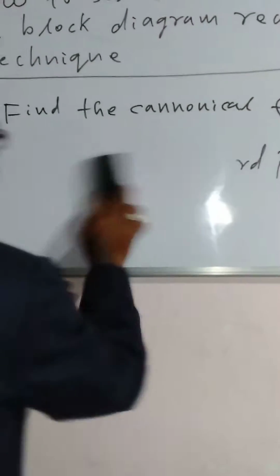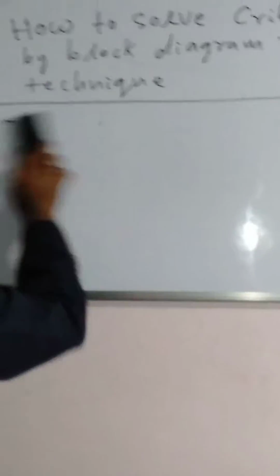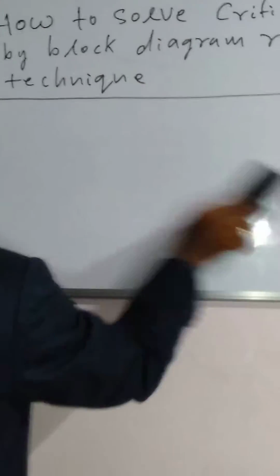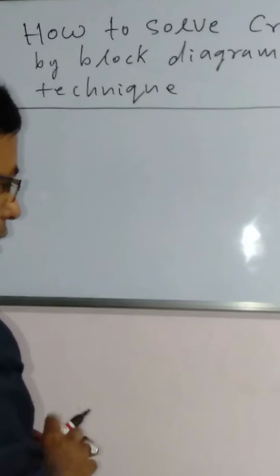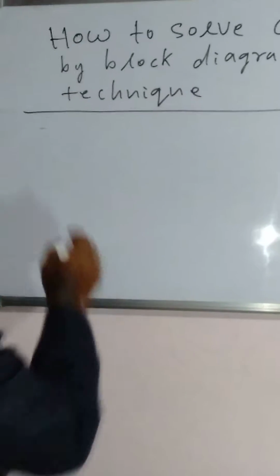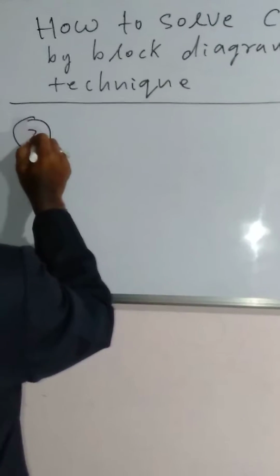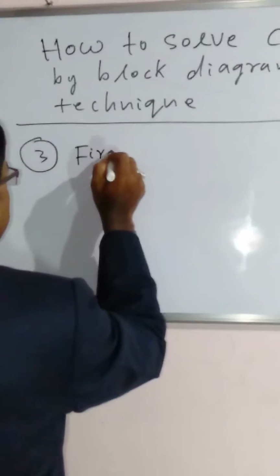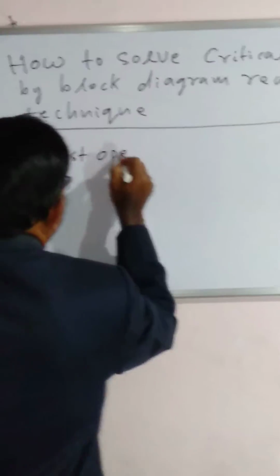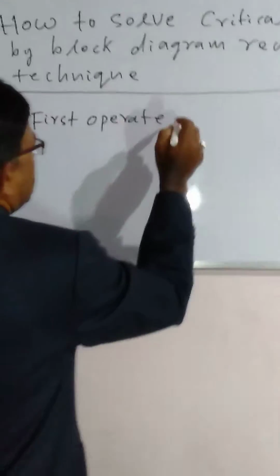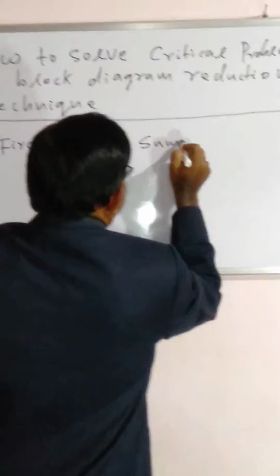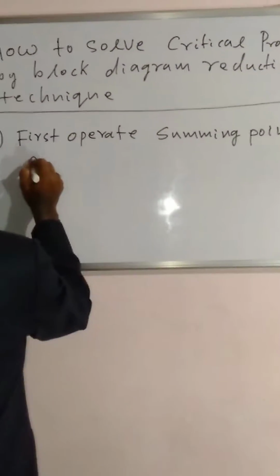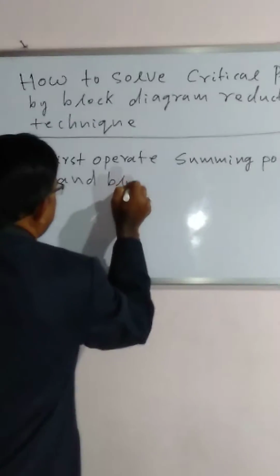Then next, the important step. If no canonical forms or forward path loops are found in the block diagram, step 3, you first operate summing point and block.